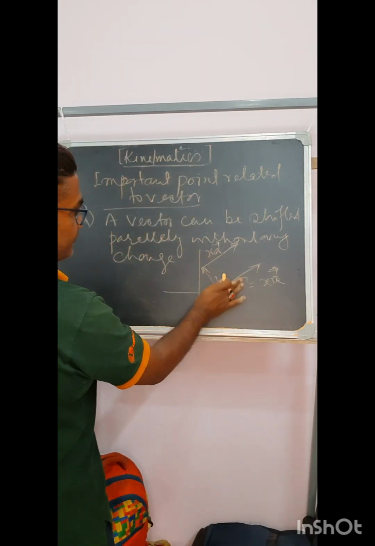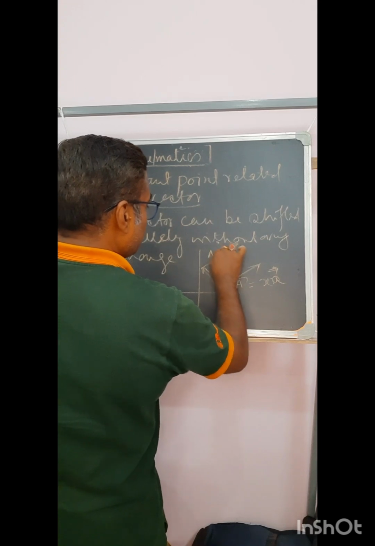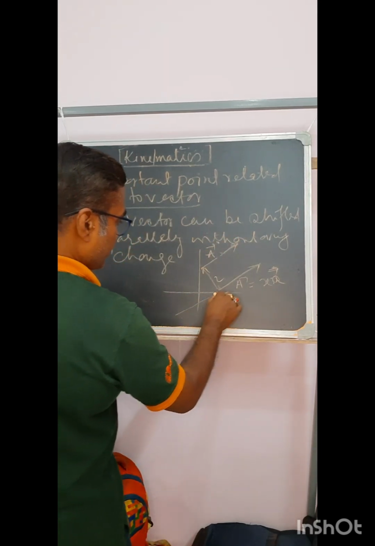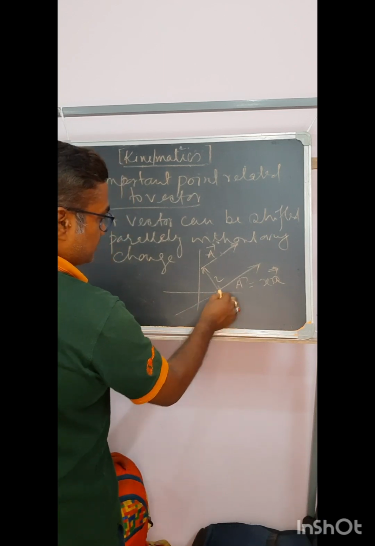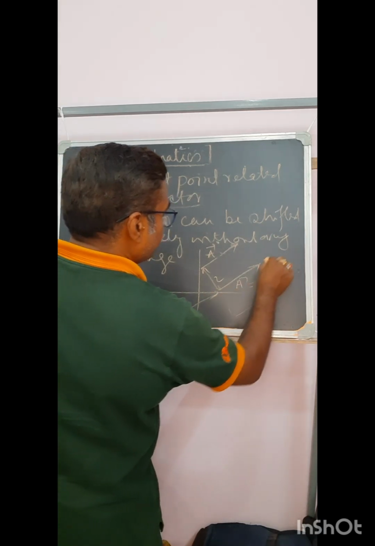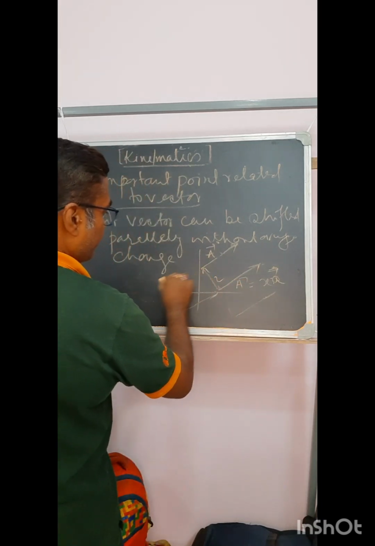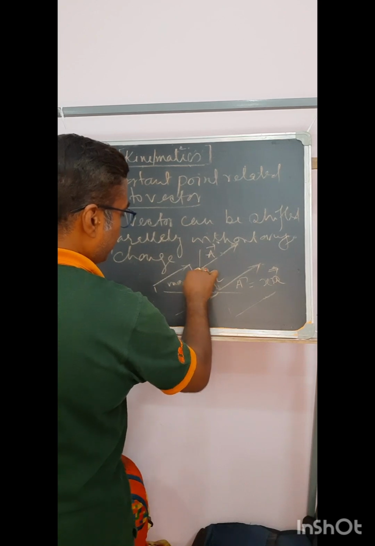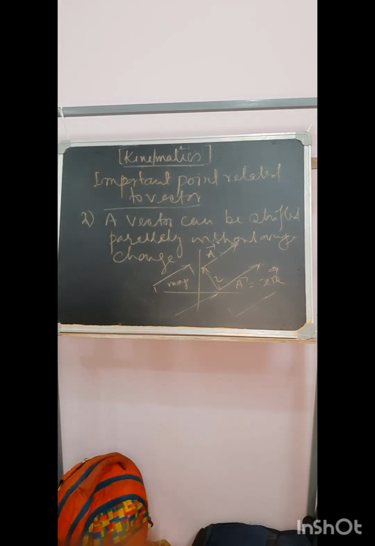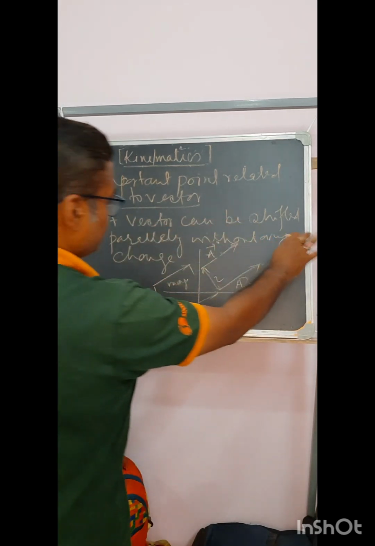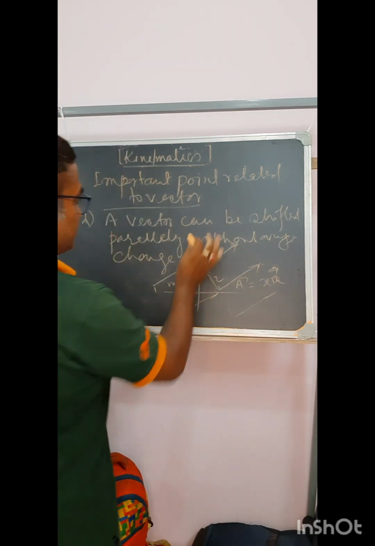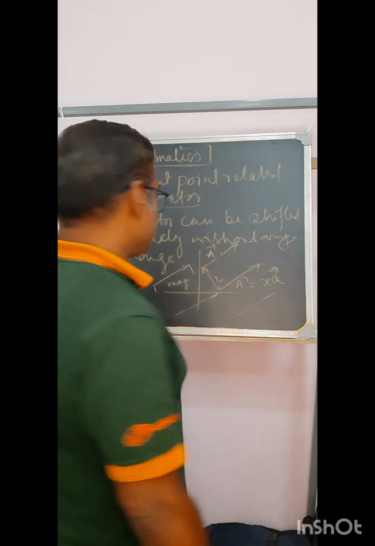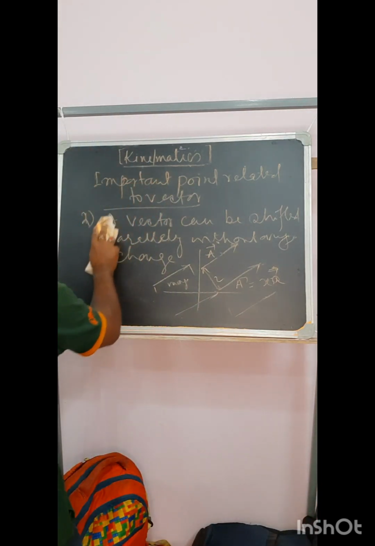So the same vector can be said here also, or this can be shifted backwards also. That will not change. This can be shifted this way, forwarded, or anywhere parallel to this. If the magnitude and direction stay the same, that vector will not change its value. So it is acceptable to shift any vector parallelly if required. So this is the second acceptance.